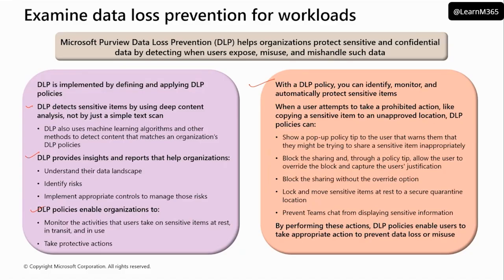When a user attempts to take a prohibited action, like copying a sensitive item to an unapproved location, DLP policies can show a pop-up policy tip that warns them they might be trying to share a sensitive item inappropriately; block the sharing, and through a policy tip allow the user to override the block and capture the user's justification; block the sharing without the override option; log and move sensitive items at rest to a secure quarantine location; and prevent Teams chat from displaying sensitive information.